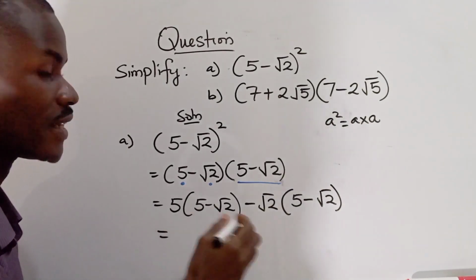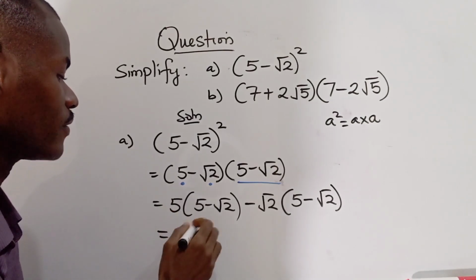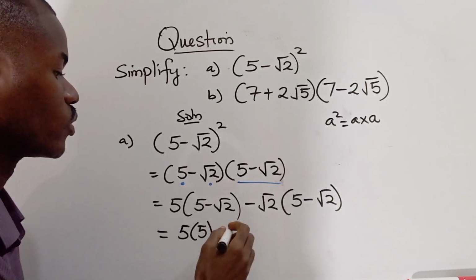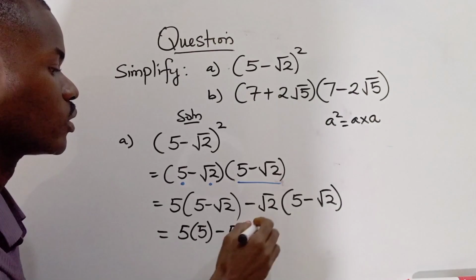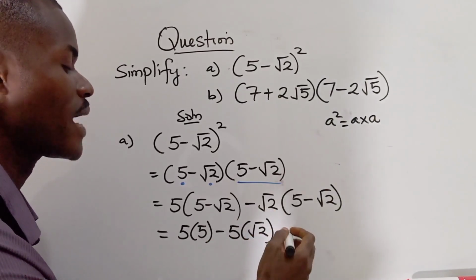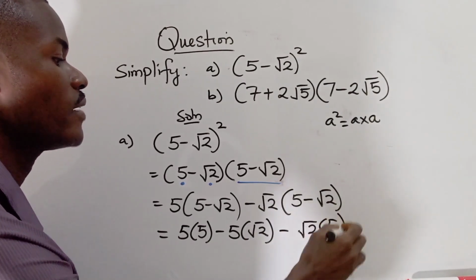Now from this we can open the bracket. 5 is going to multiply 5, so we have 5 multiply 5, and 5 is going to multiply minus root 2, so we have 5 multiply root 2. Now minus root 2 multiply 5, so we have minus root 2 multiplying 5.